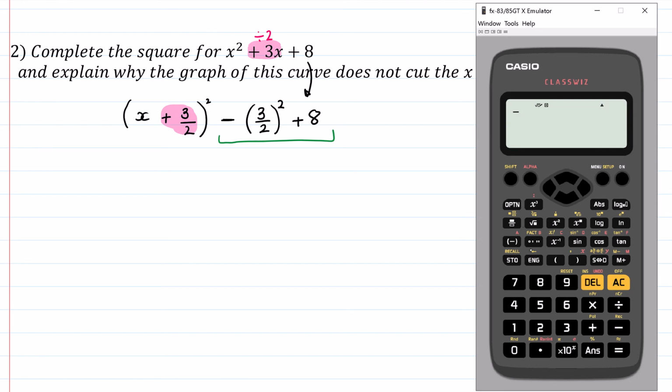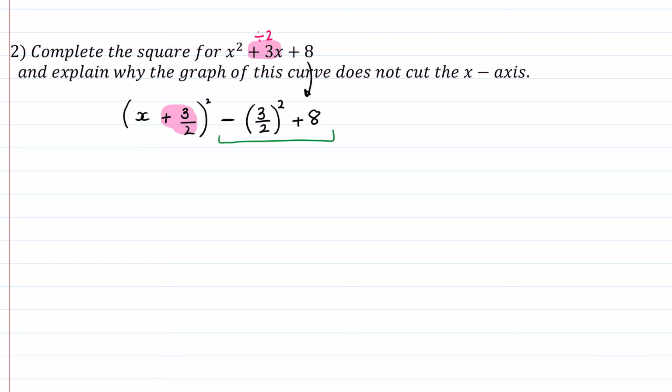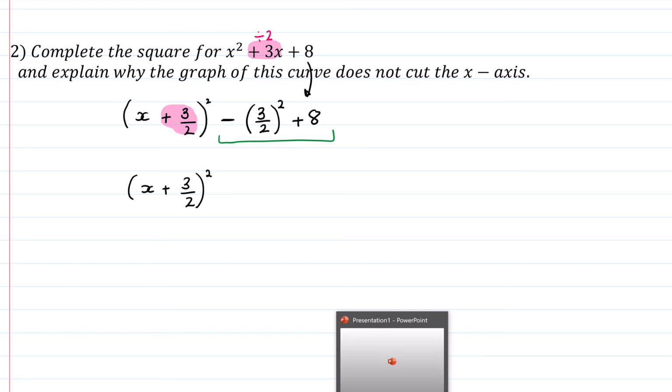Minus, brackets, fraction 3 over 2, close brackets, squared, plus 8. And you're going to get a positive 23 over 4. So this is x plus 3 over 2 squared and plus 23 over 4. So I've completed the square.